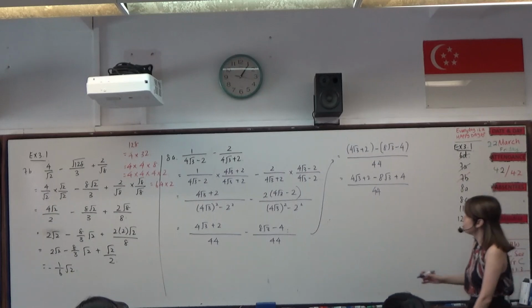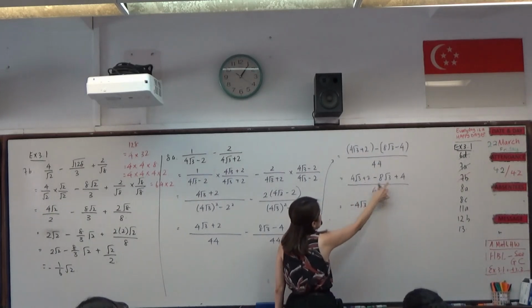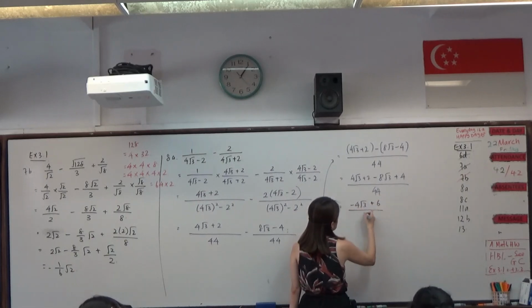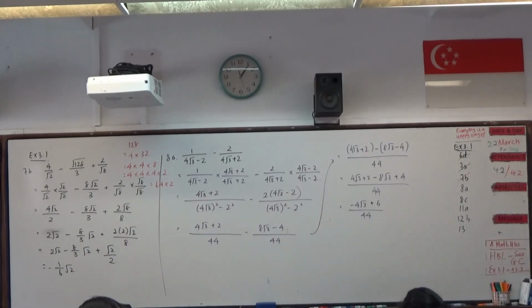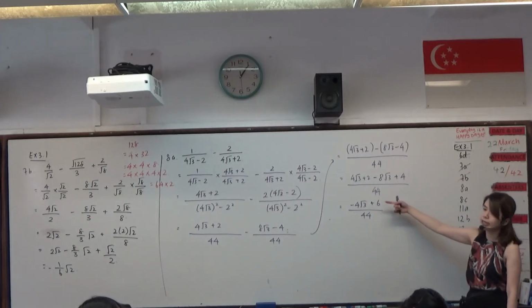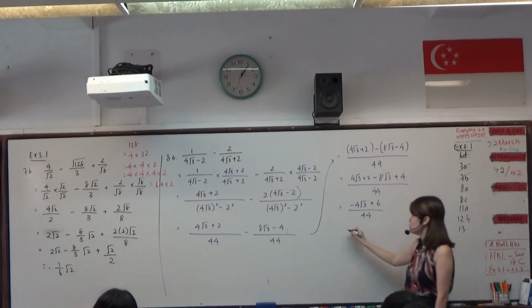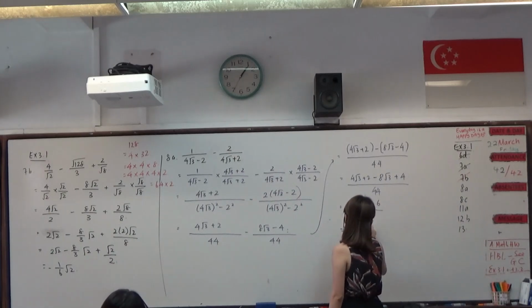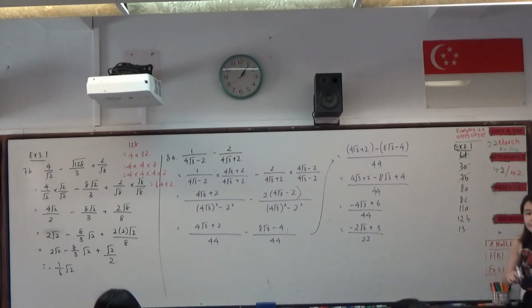Then 4 minus 8 is negative 4 root 3, 2 plus 4, that's 6. This can still be simplified further by dividing by 2 in the numerator and denominator because there's a common factor of 2. So this will be the answer.